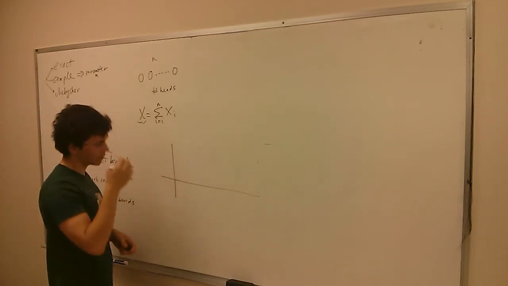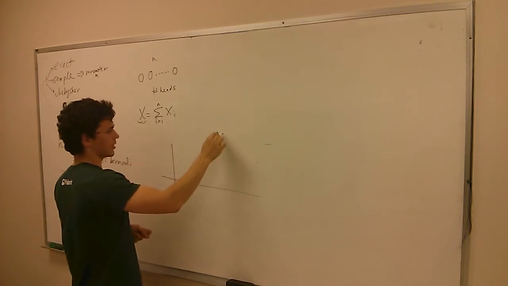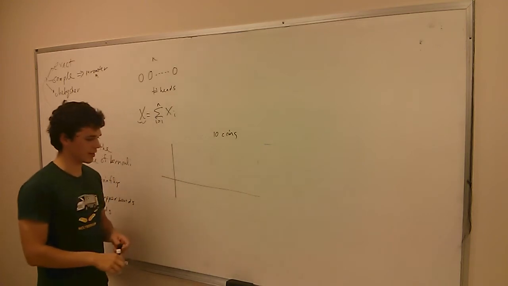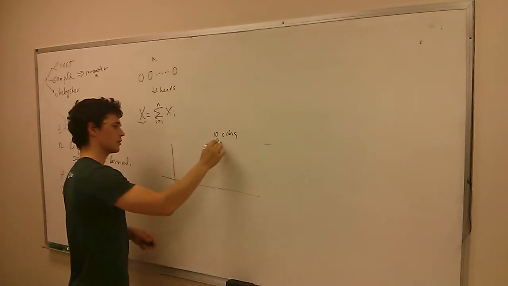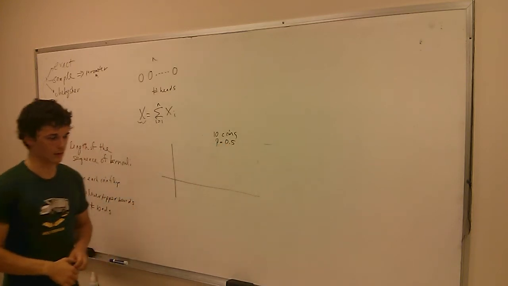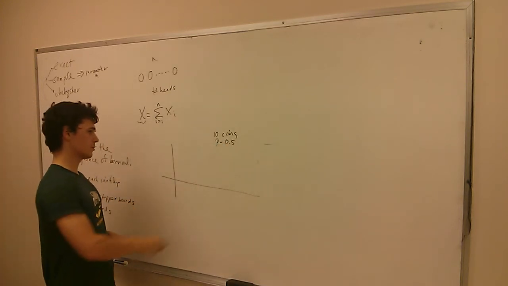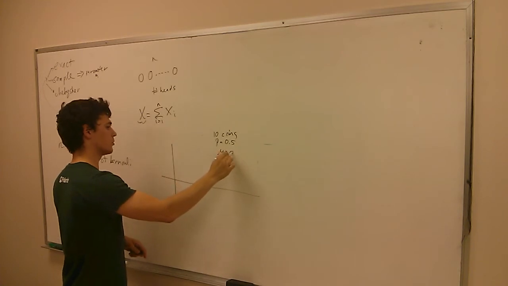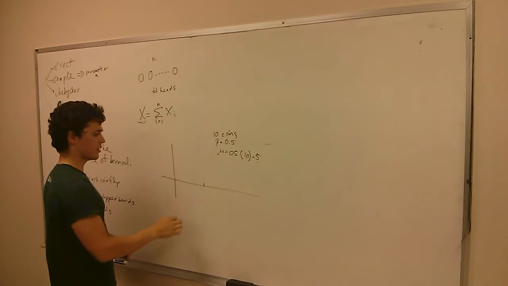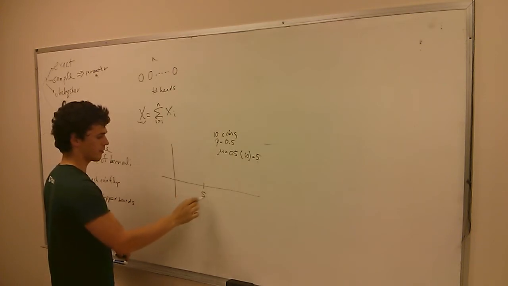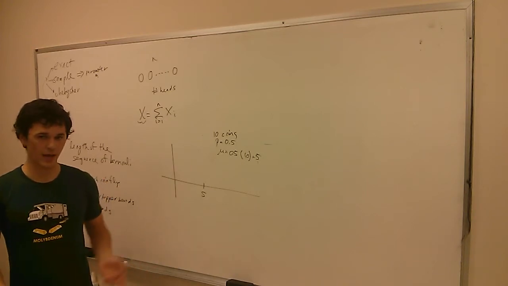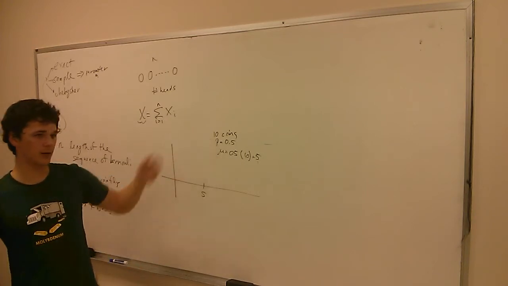Let's say we flip 10 coins, and let's say p is 0.5, so it's an unbiased coin. So mu here is 0.5 times 10 equals 5. So the mean of this distribution is going to be at 5. We would expect something close to 5 coins to come up heads if we flip 10 unbiased coins.